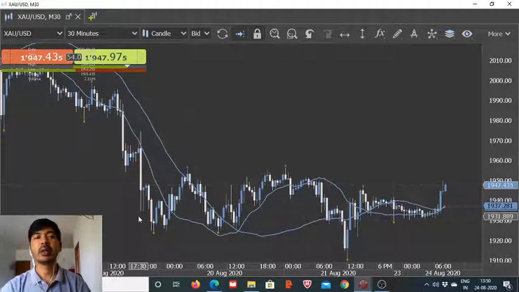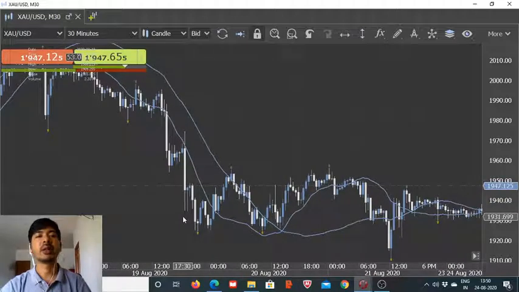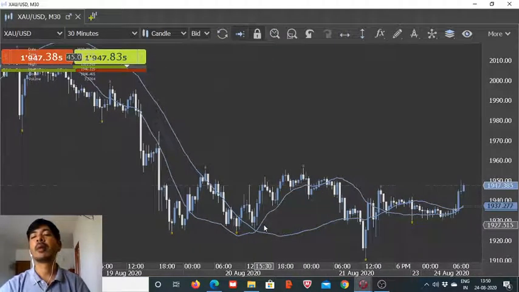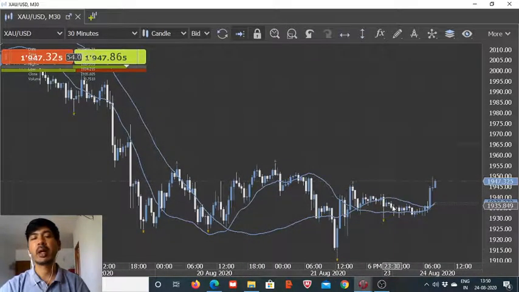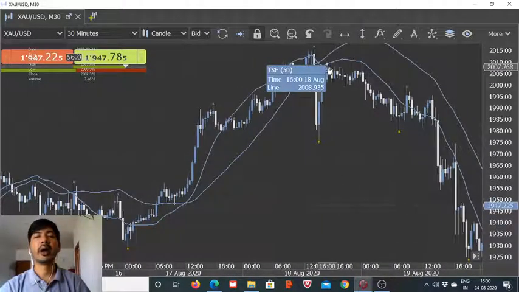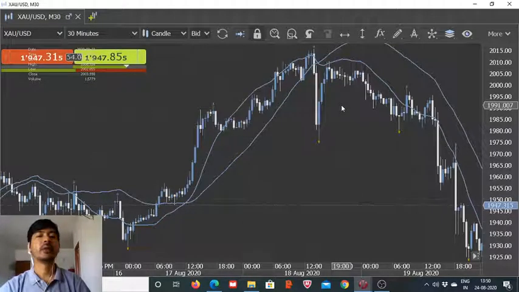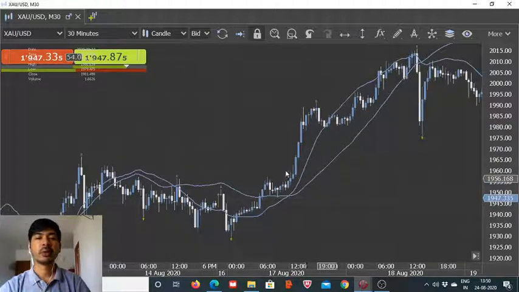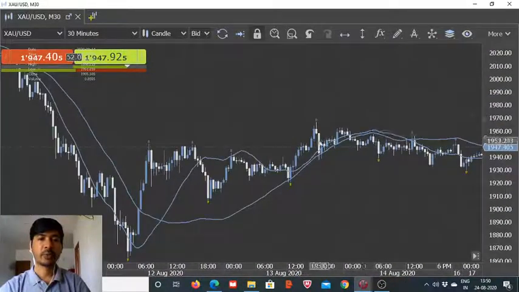Whenever we see that the lower time frame TSF value is crossing above the TSF value of the longer time frame, we can look for the buying opportunities, and vice versa for the sale opportunities. If the TSF is crossing below the higher time frame, then we can look for the selling opportunities. So that way we can use this indicator.